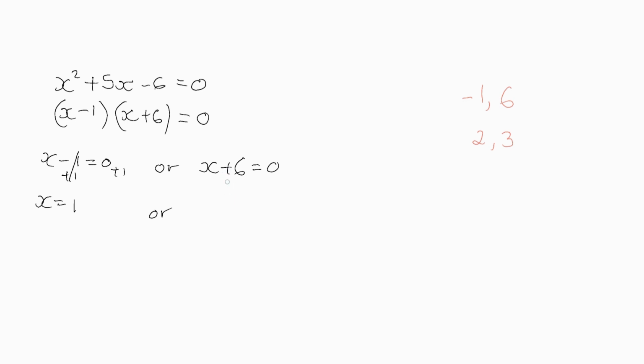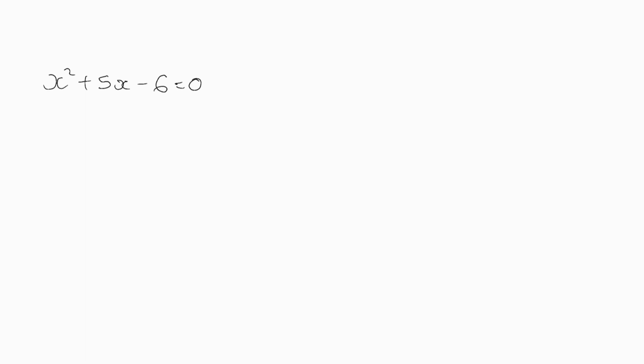We do that by taking the +6 from the left hand side to the right hand side, so we will do that by subtracting 6. When we subtract here, we also subtract on the right hand side. This will cancel. Then we have x is equal to 0 minus 6 is equal to -6. So now we have solved this quadratic equation by factorizing.